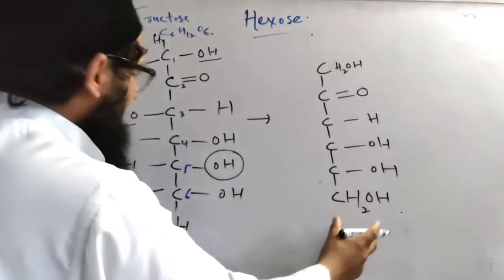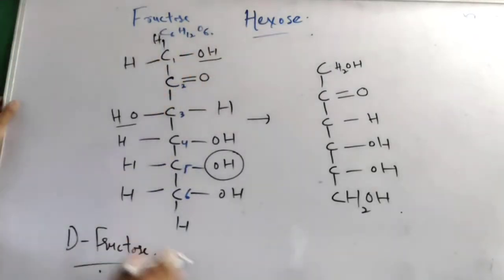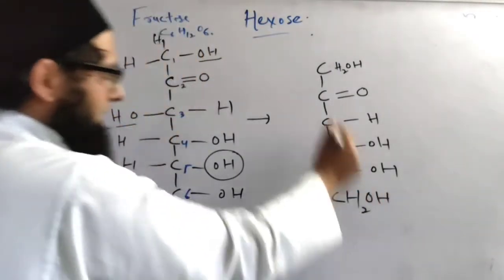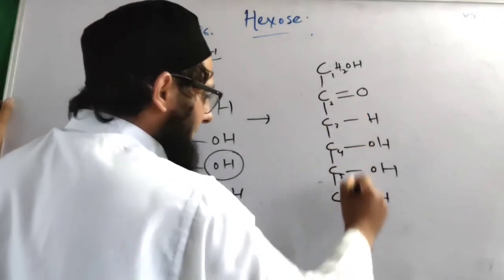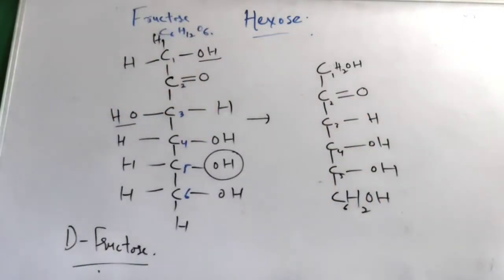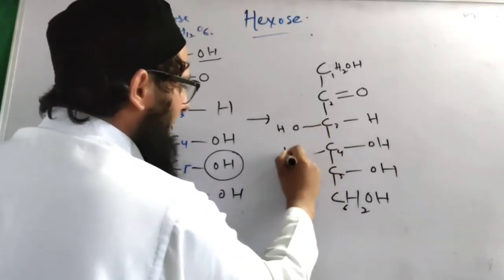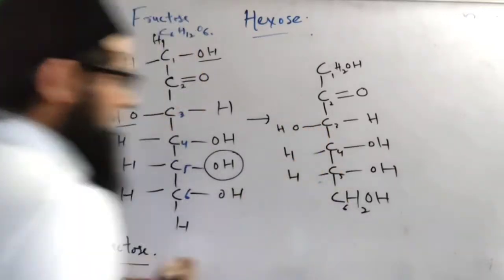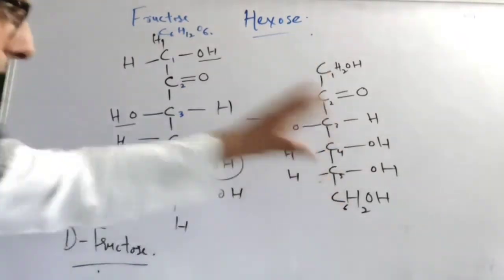Here we are now showing the bonds as was shown in this case, carbon number 1, 2nd, 3rd, 4th, 5th, and 6th carbon. We have OH on the left side, here H. Now this is our fructose structure.